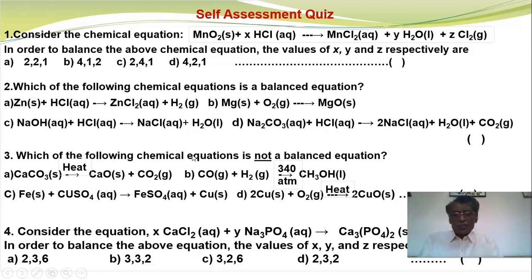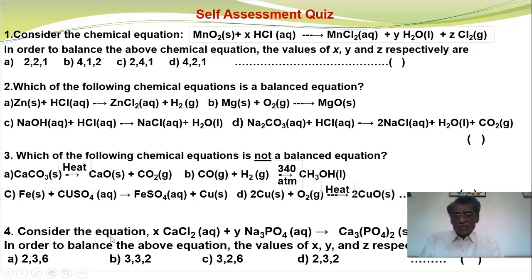Which of the following chemical equations is not a balanced equation? CaCO3 on heating gives CO plus CO2; CO plus H2O under 340 atmospheres pressure gives CH3OH; Fe plus CuSO4 gives FeSO4 plus Cu; 2Cu plus O2 on heating gives 2CuO solid.